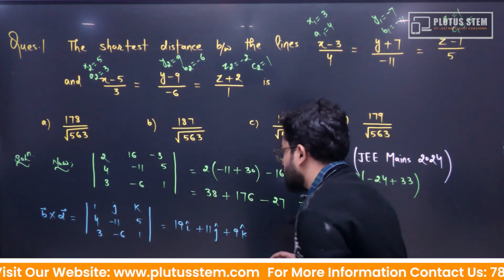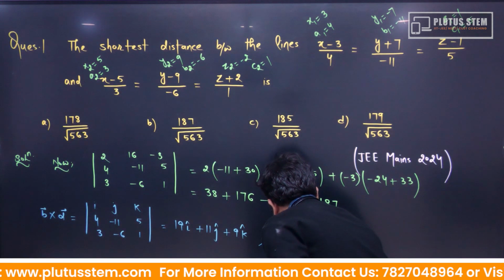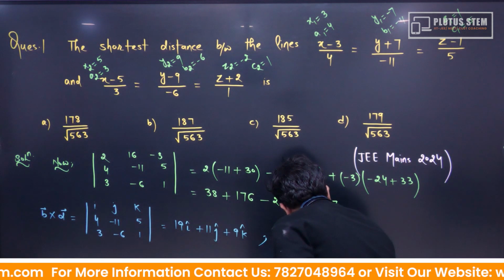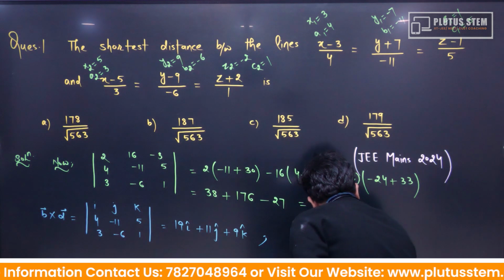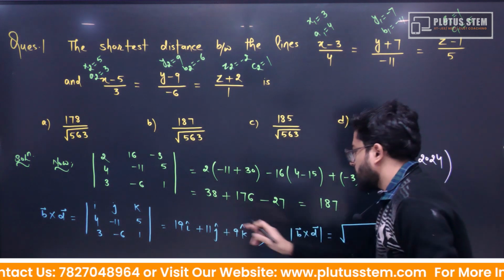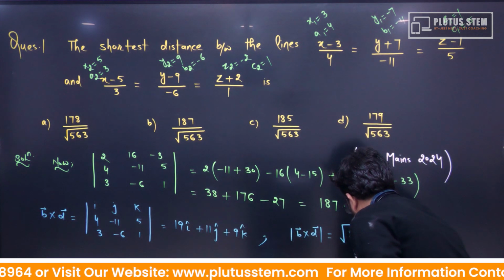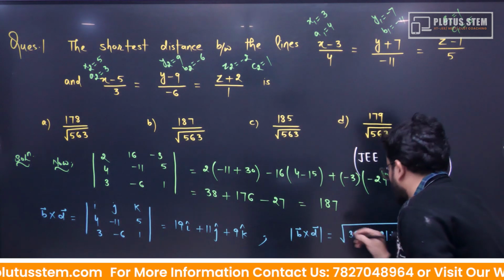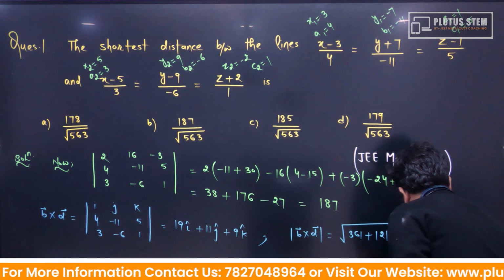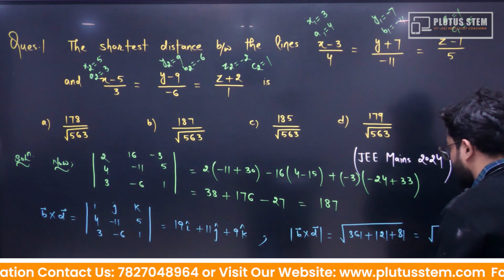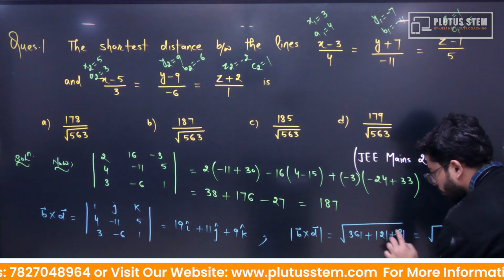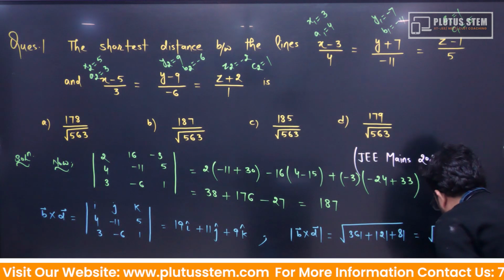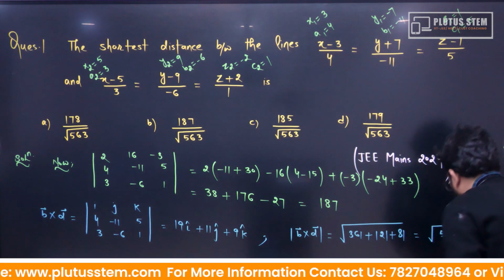When you calculate the modulus of B cross D, it will be the square root of 19 square, that is 361, plus 11 square, that is 121, plus 9 square, that is 81. When you simplify it, this is 563.